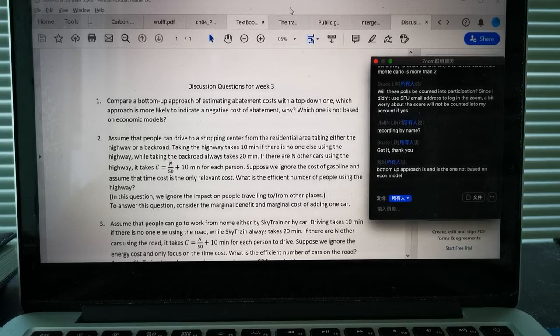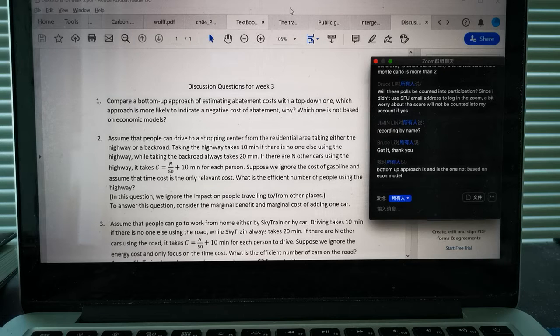So ideally, we could start with the most cost-efficient method, and then if we need more abatement, we can switch to the higher cost options. But in fact, there are many reasons why we may not go from the lowest cost options.